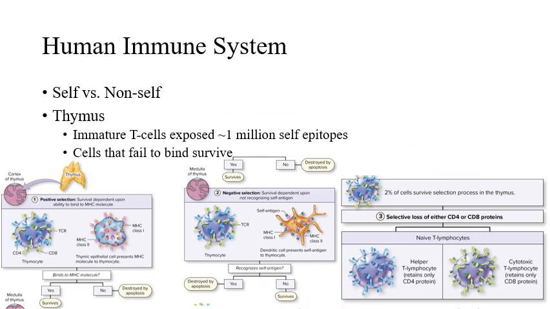So one of the things your body has to do is produce a variety of different antibodies to foreign antigens, but it doesn't want those antibodies to bind to self-antigens, right? Because if it starts binding to self-antigens, that's how you have autoimmune diseases.